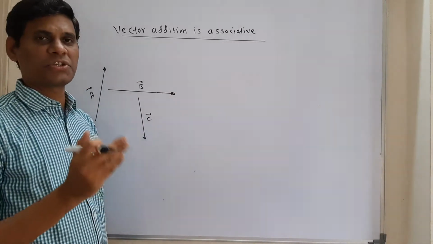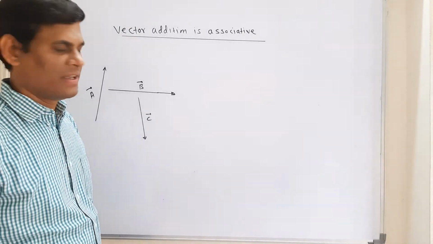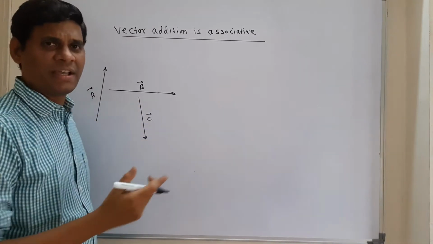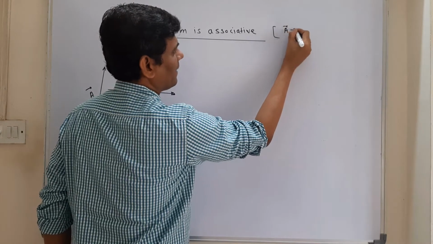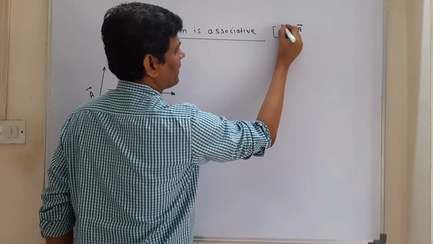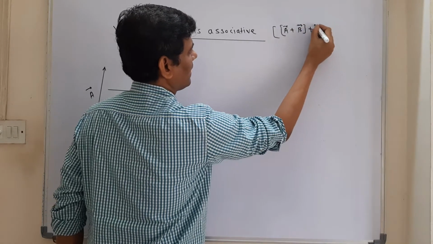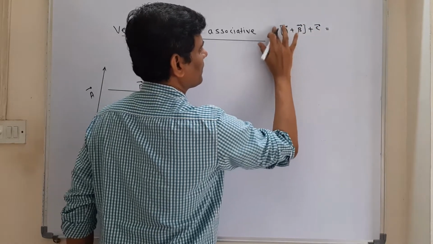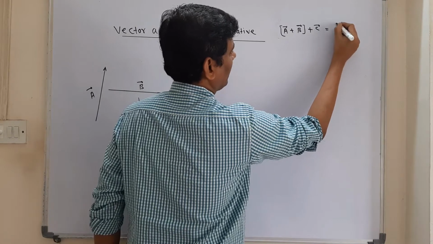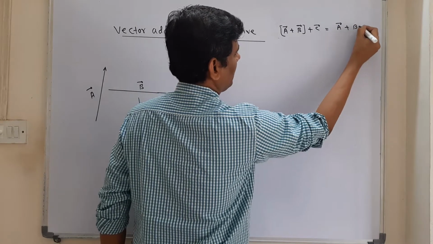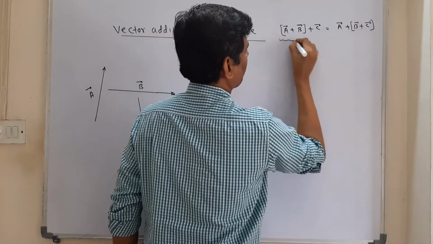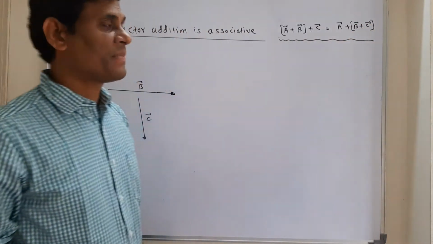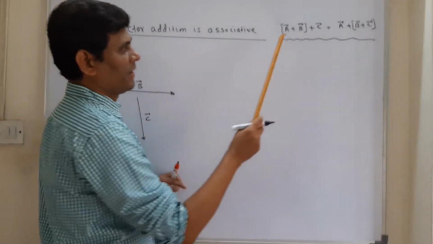Next part, vector addition is associative, that is the associative property of vector addition. So we are taking three vectors A, B, C, and what is basically the associative property? Vector A plus vector B plus C is equal to A plus B plus C. See here, what is the associative property?